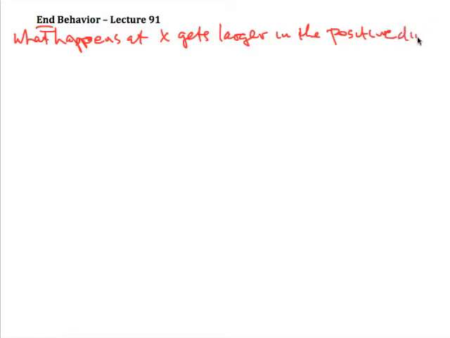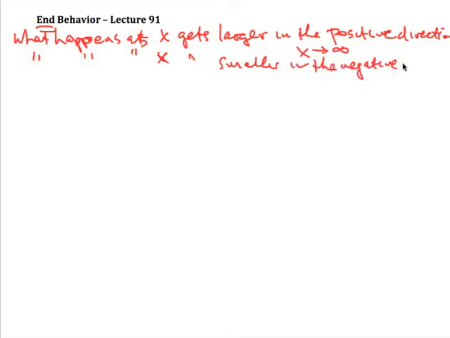Now what we mean by that is as x approaches infinity. And what happens as x gets smaller, in the negative direction. In other words, x is approaching negative infinity.